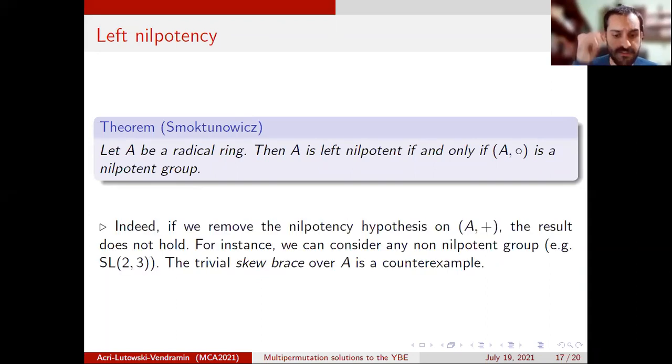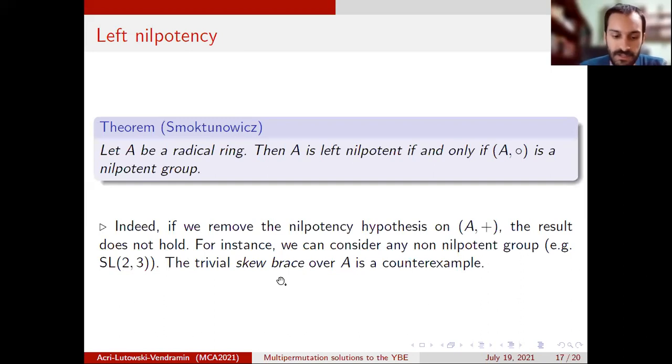And this is the most general case, since removing the nilpotency hypothesis on the additive structure fails. The trivial skew brace, for instance: any non-nilpotent group is a counterexample, because the star operation is 0 for every pair of elements, but the group is not nilpotent.